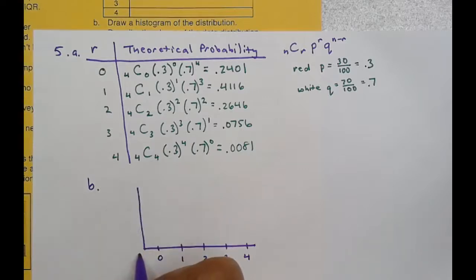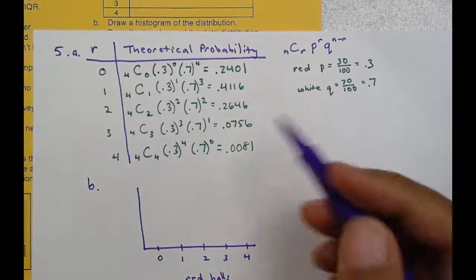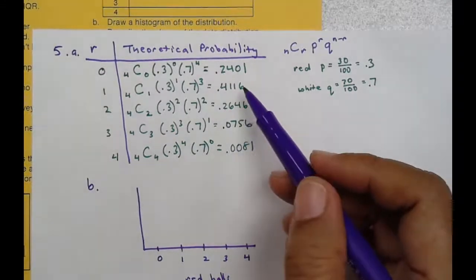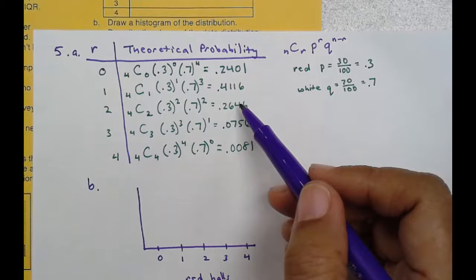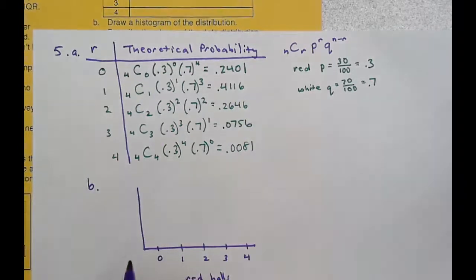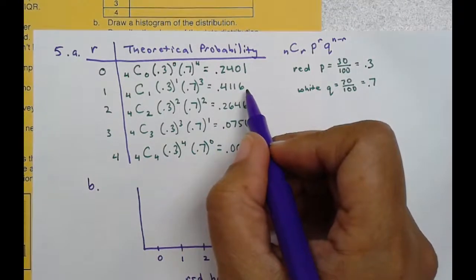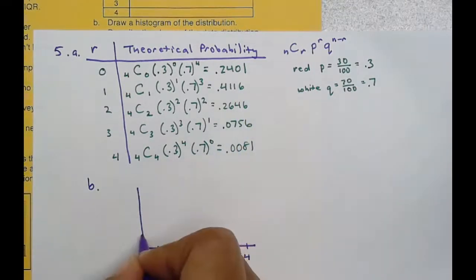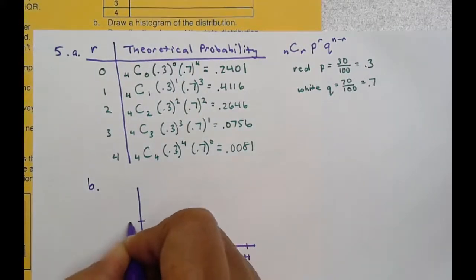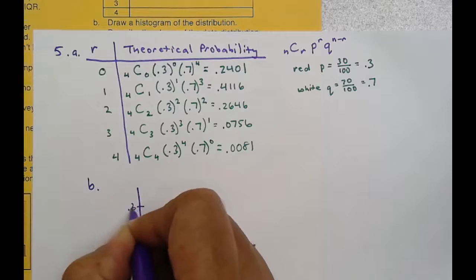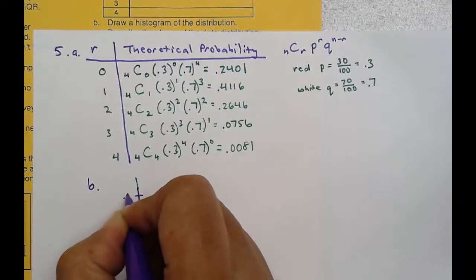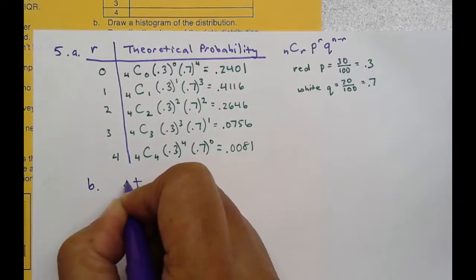And this side right here will be our probability. And looking at our chart, the largest value here is 0.4, so I'll go up to, say, 0.5. So I'll say this is 0.1, 0.2, 0.3, 0.4, and we'll go with 0.5 up here.